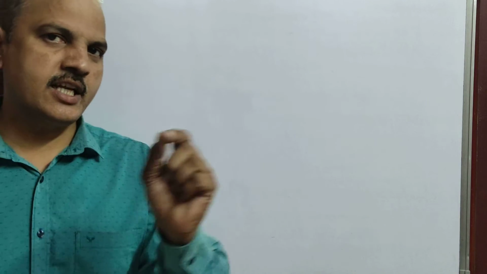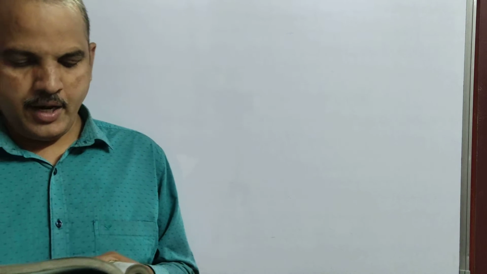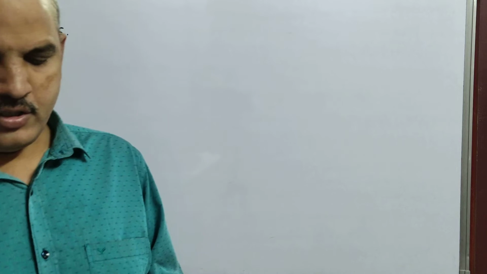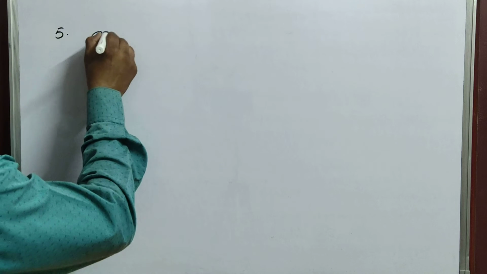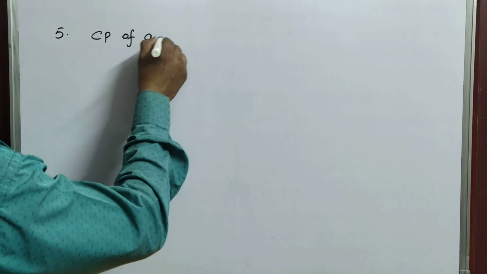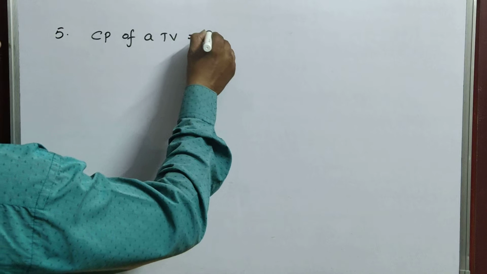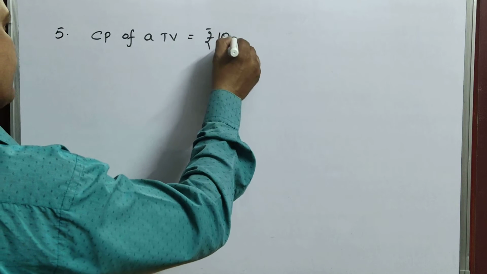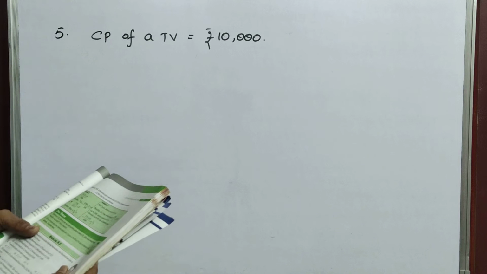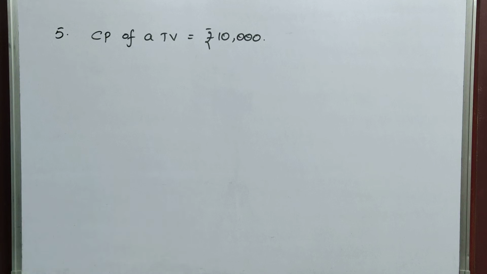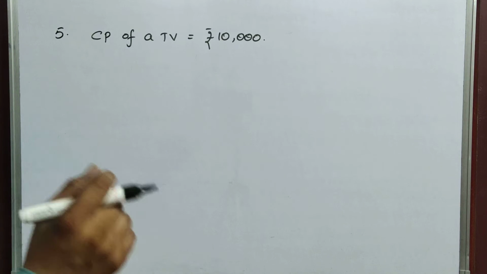Okay, see here, once again I am reading the question. I buy a TV for 10,000. That means he bought, that means cost price. So the cost price of a TV equals 10,000 rupees. Right? And sell it at a profit. He did not give us the selling price.